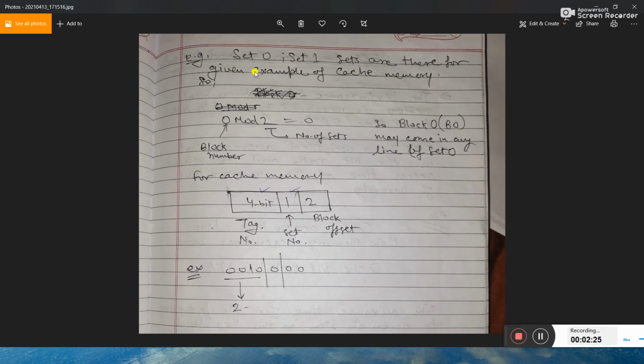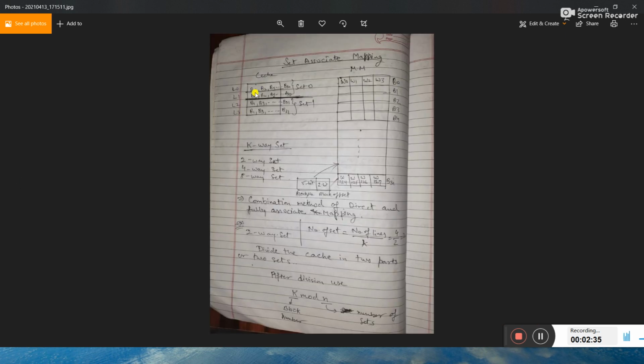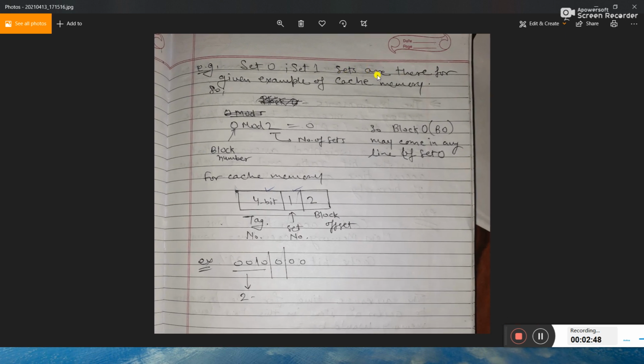For example, we have 2 sets here, set 0 and set 1, for the given example of the cache memory.